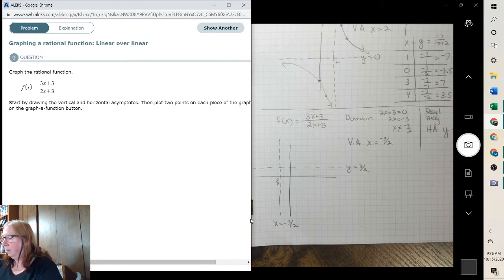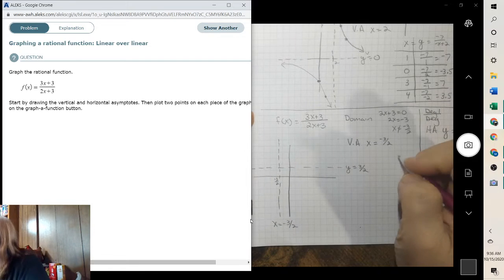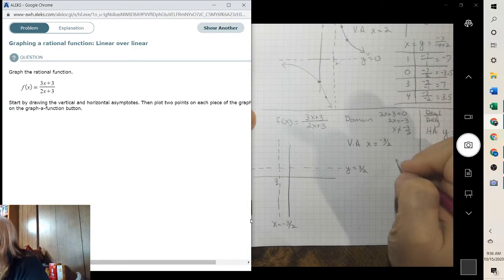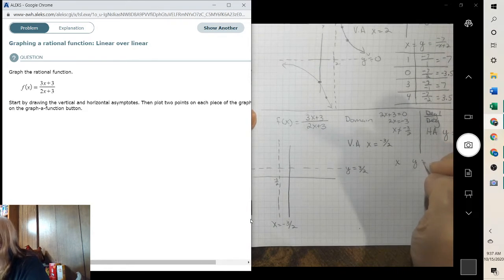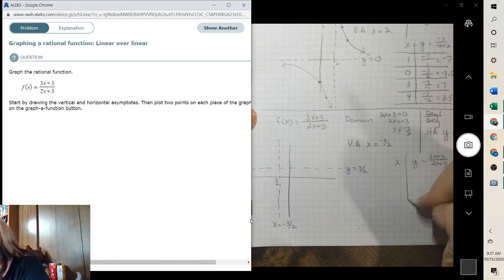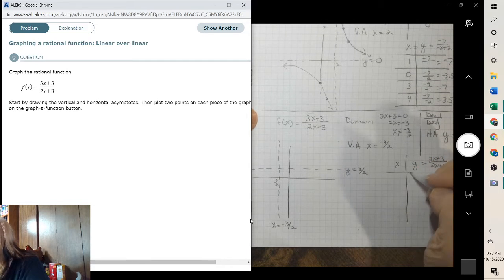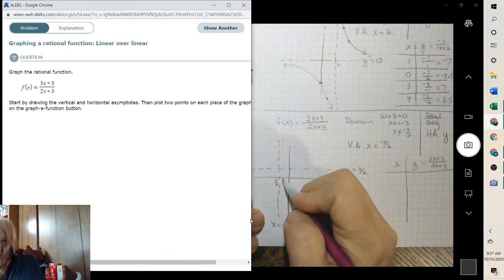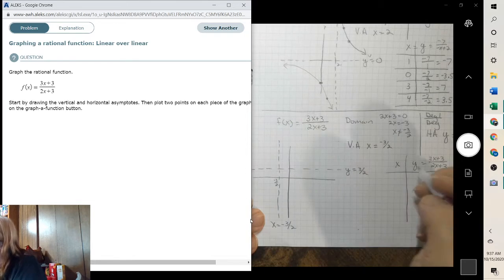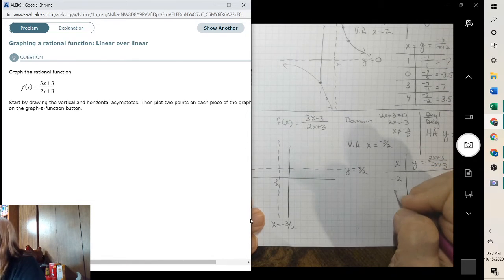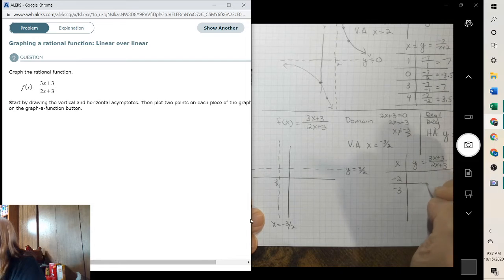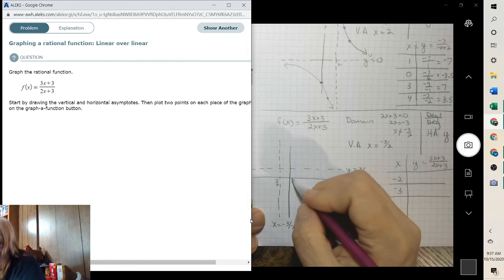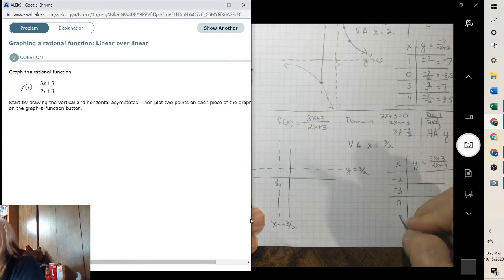Okay. So we need to pick 2 points on each side. On this side, we can do -2 and -3. On this side, we could do 0 and 1.